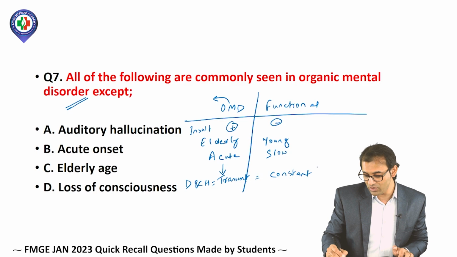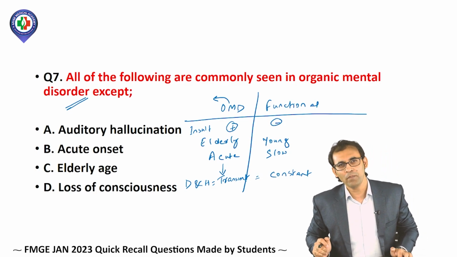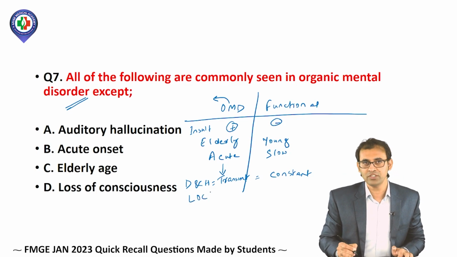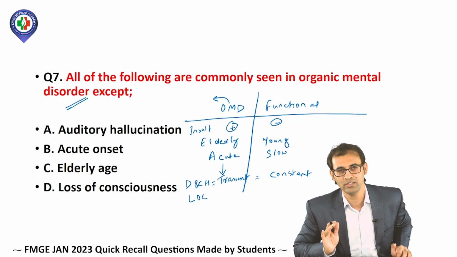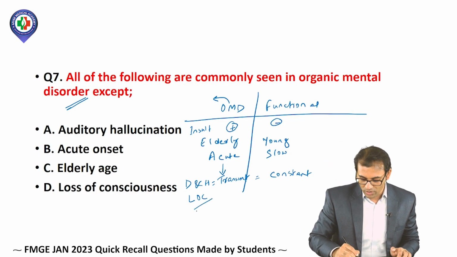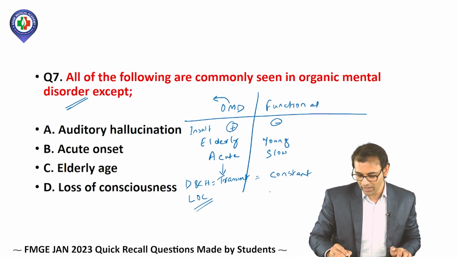In organic mental disorder, when I talk about delirium, yes, there can be loss of consciousness, right? In delirium, for sure, there will be clouding of consciousness. In dementia, it is not. But in organic mental disorder, yes, there can be clouding of consciousness. But in functional disorder, no.